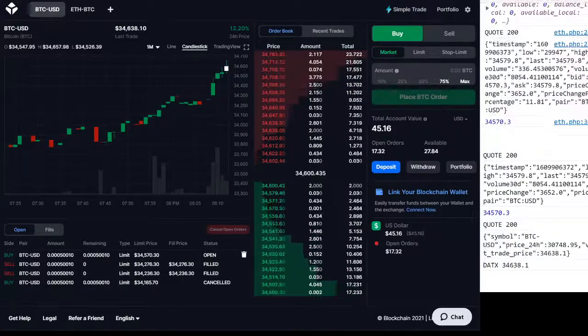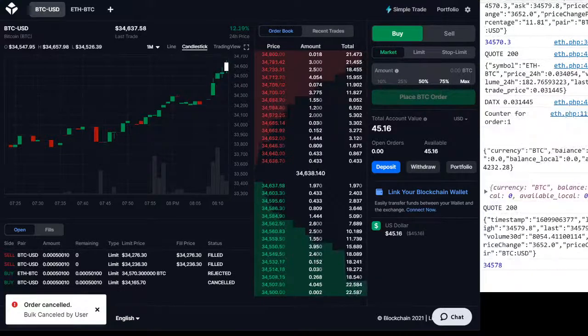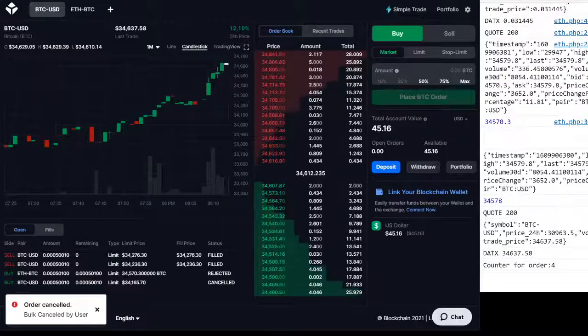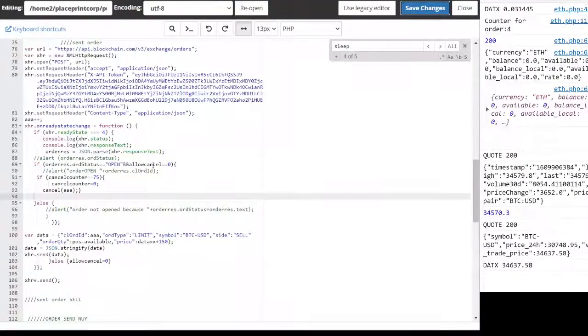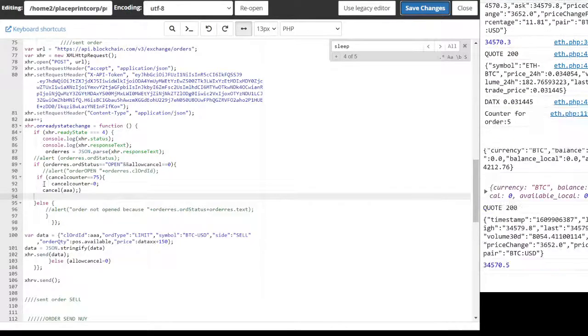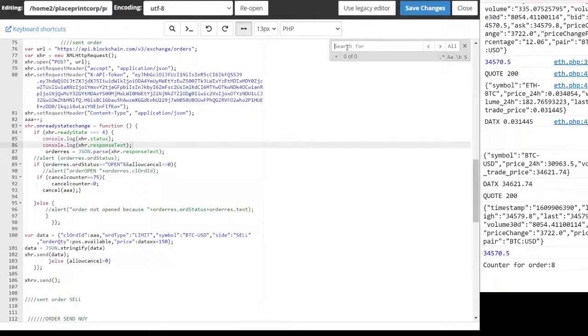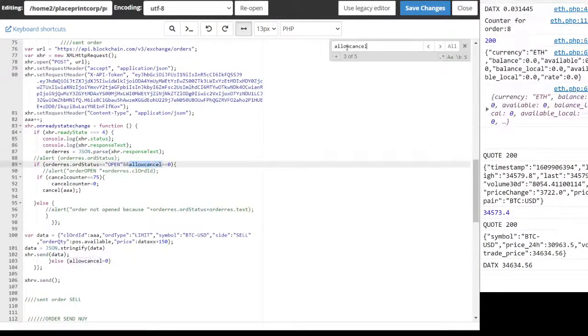Here comes an order for the BTC USD. Why are you canceled? Oh my god. I know why. Because we didn't put an order counter incrementer. That's why. Allow, cancel.